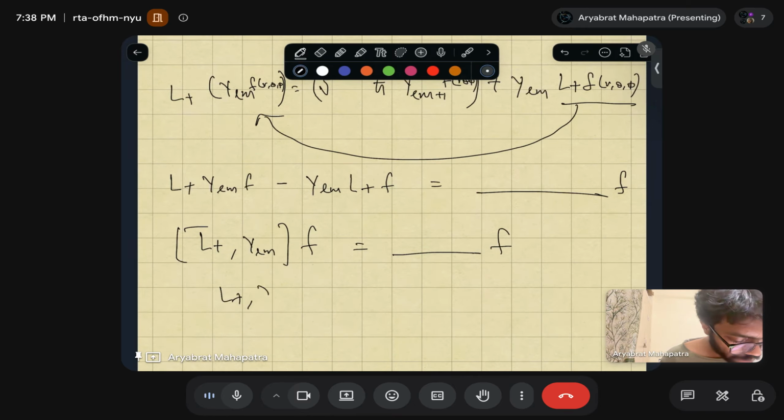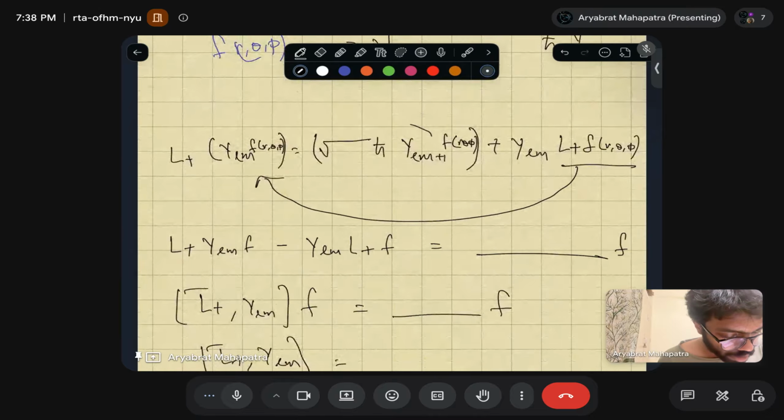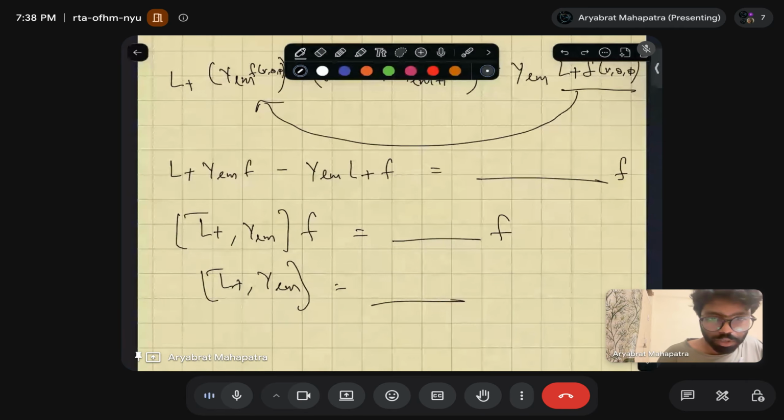That means the result is basically this thing, the square root with h bar and Y_l,m plus 1. This will be the outcome of your commutator.